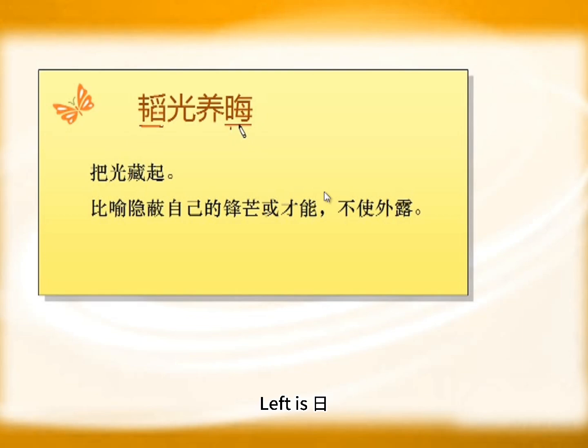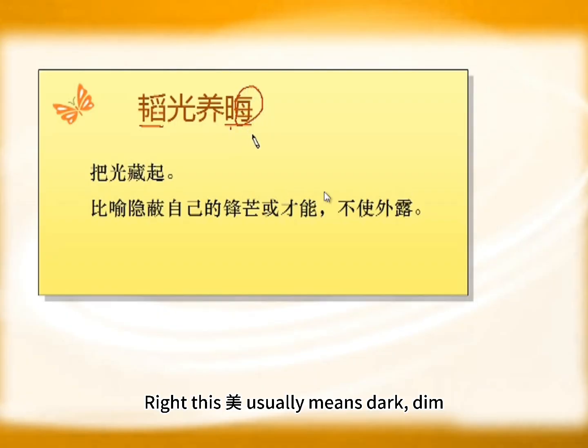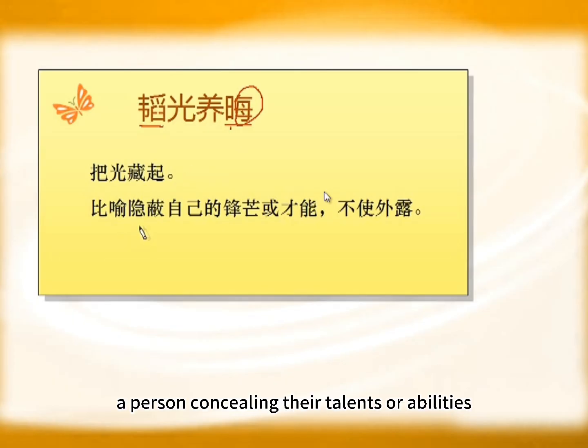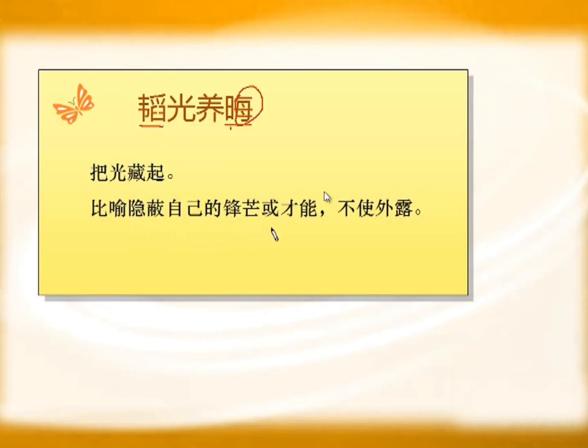Left is 日, related to light. Right, this 每 usually means dark, dim. 晦 originally means dark. 韬光养晦 literally means hiding the light. Metaphorically meaning a person concealing their talents or abilities, not revealing them.